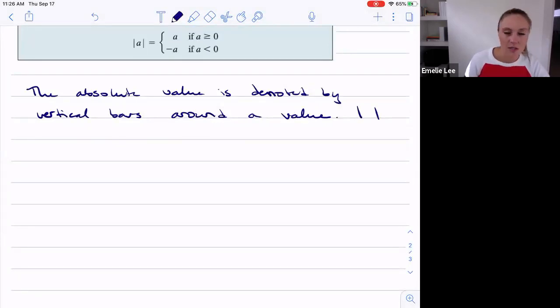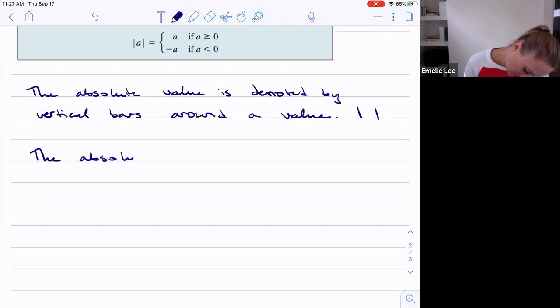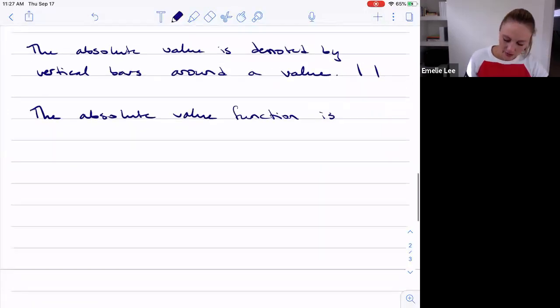So it looks like this. And so what's kind of cool is the absolute value function is a piecewise function.